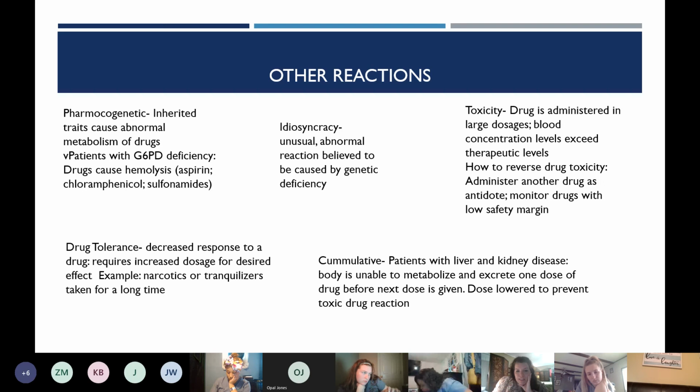A cumulative drug effect is when a patient with liver or kidney disease, their body is unable to metabolize and excrete one dose of a drug before the next dose is given. One of my first jobs, I worked at the LTAC, and we had a lot of older geri psych patients come in, and they would need to be medicated with Ativan or whatever, to get them to be safe for themselves and safe for others.